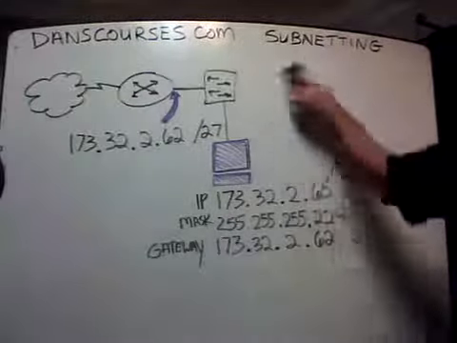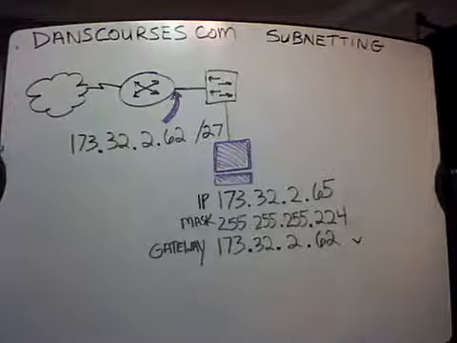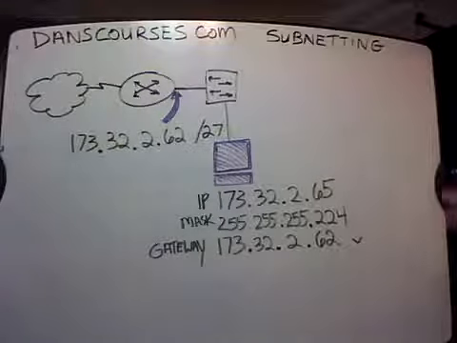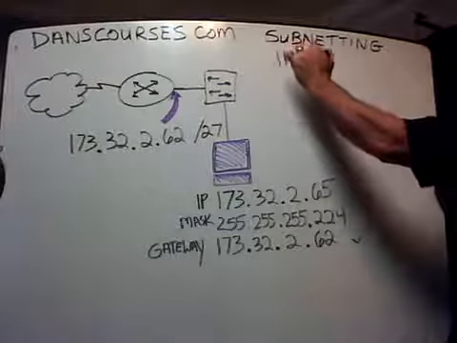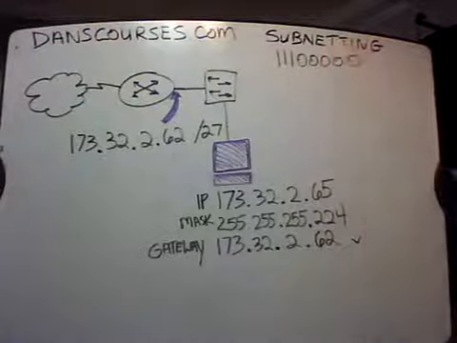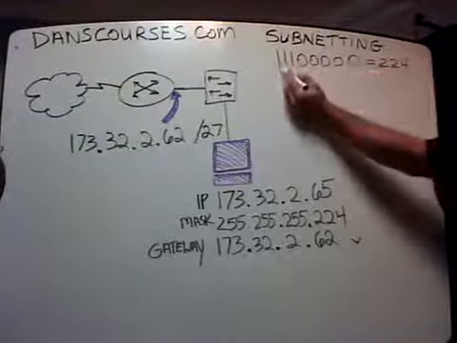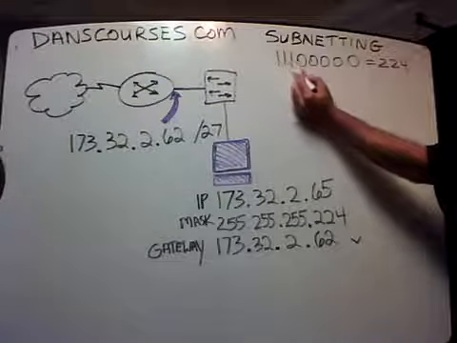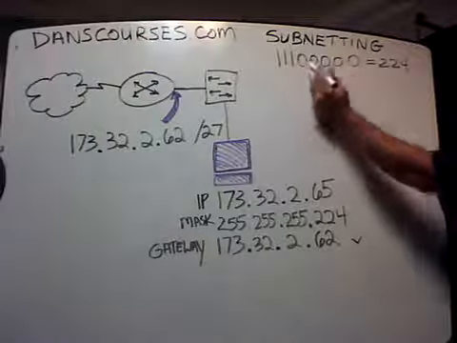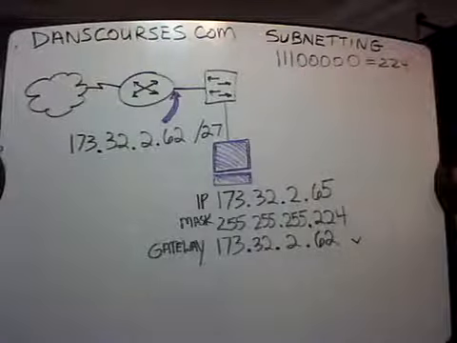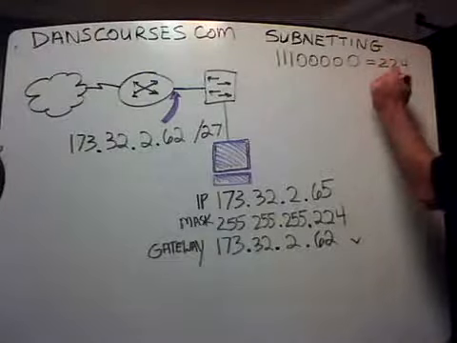To do that, in almost all of these questions, you have to be able to find the networks. With the binary, we saw that the last octet was 3 ones and then 5 zeros, 224. This is the 128 bit, the 64 bit, the 32 bit, then 16, 8, 4, 2, 1. The magic number in this case is the last one, which is in the 32's place.